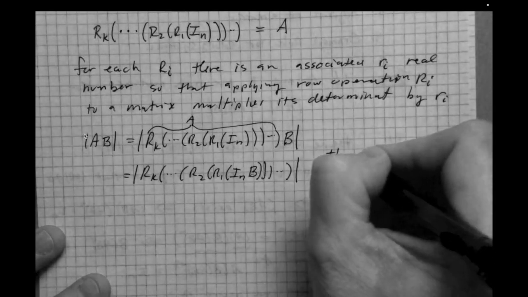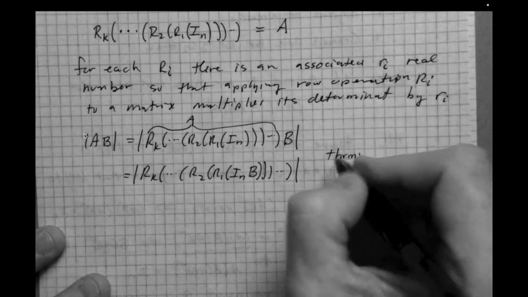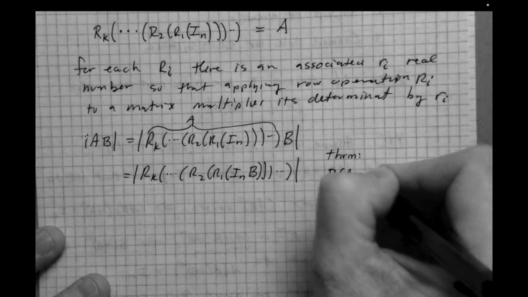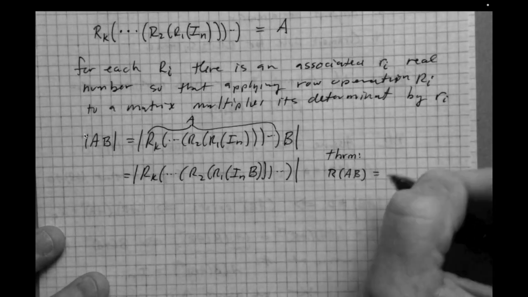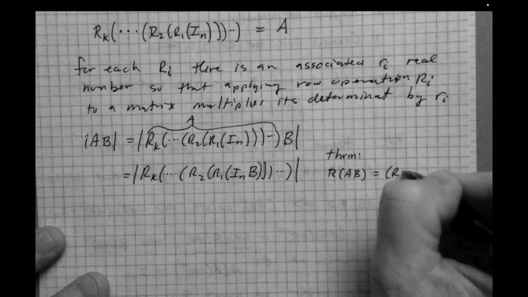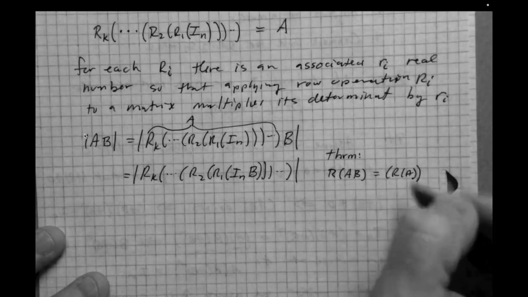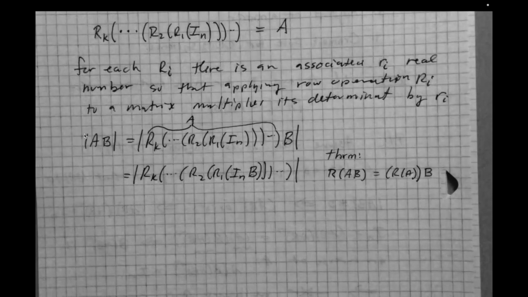Remember, the theorem was something like this: if I have a row operation on the matrix AB, then that's equal to the row operation on A times the matrix B, right?